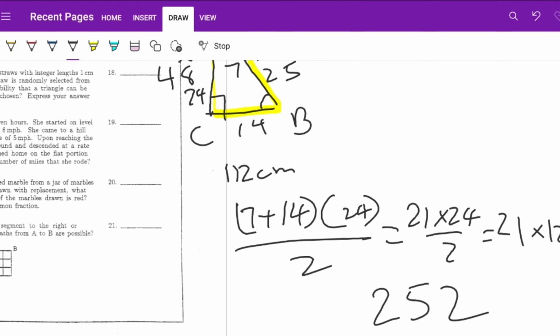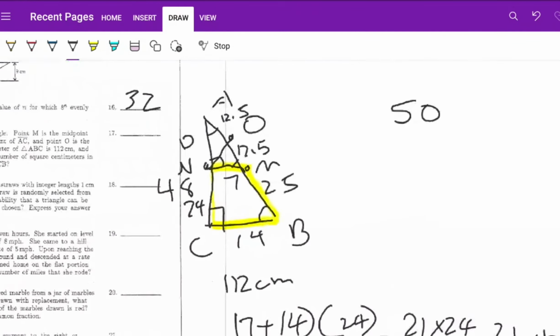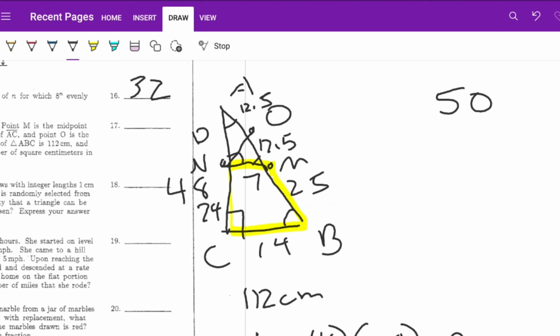And the other method is also to find the area of the bigger triangle subtracted by the area of the smaller triangle. So the area of the bigger triangle is just the length of the two legs multiplied together divided by 2. So 48 times 14 divided by 2, and then we could simplify that a little bit.